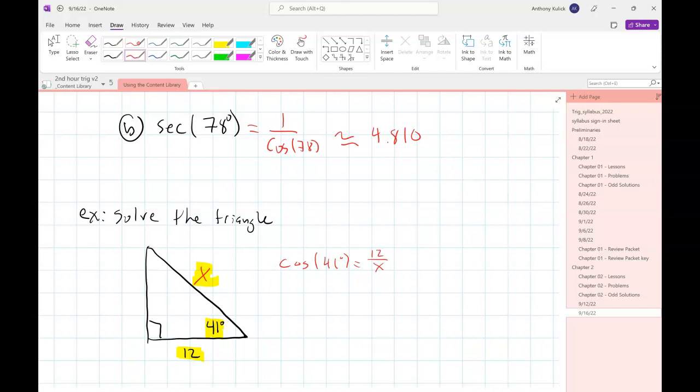Everybody okay with that? To solve for x, I'm going to multiply both sides by x to get it out of the denominator, and then divide both sides by cosine of 41 degrees. And then it's just calculator time.